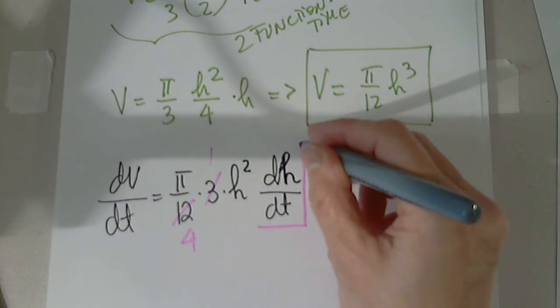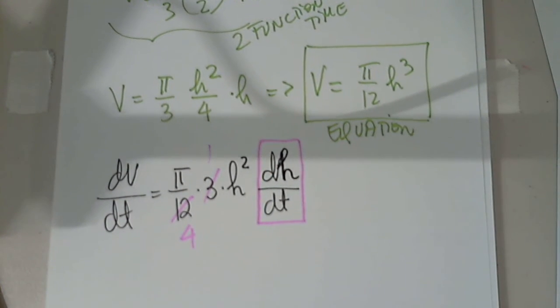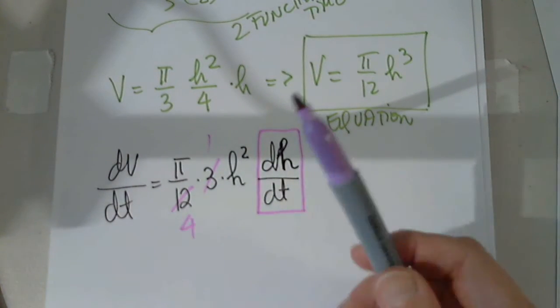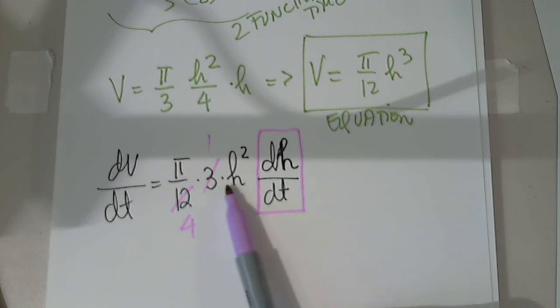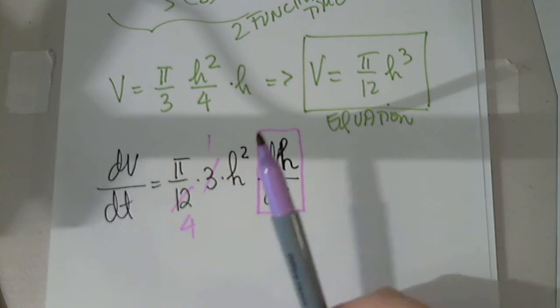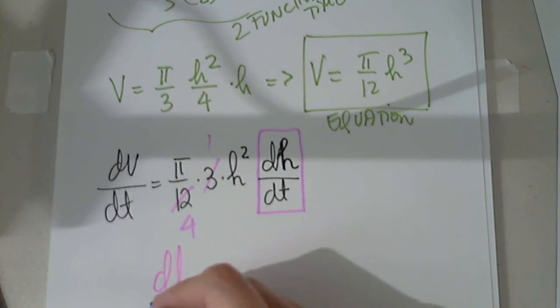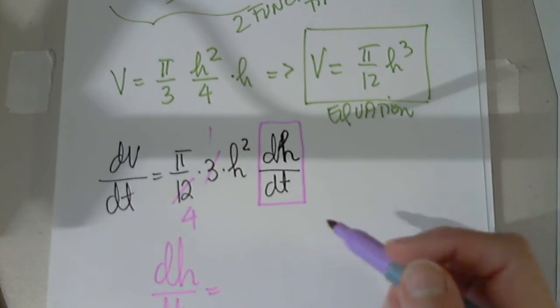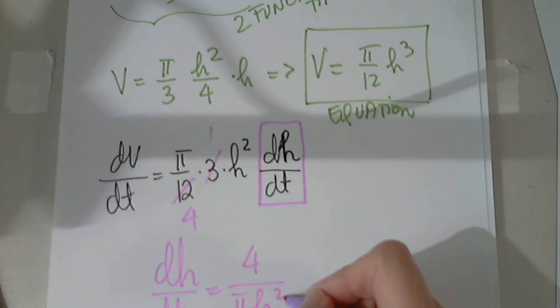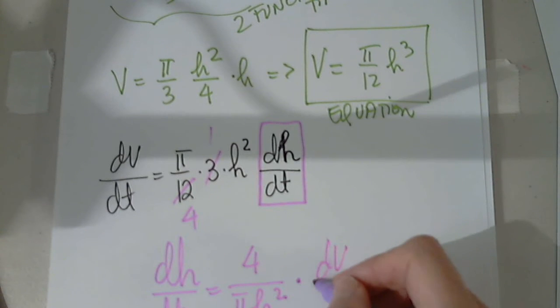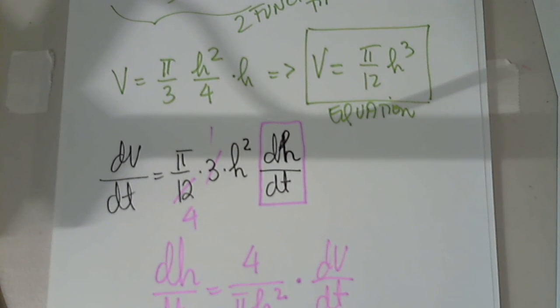And I am going to solve for the variable of interest. I will multiply both sides by 4 and divide both sides by pi h squared. So then dh over dt becomes 4 divided by pi h squared multiplied by dv over dt.